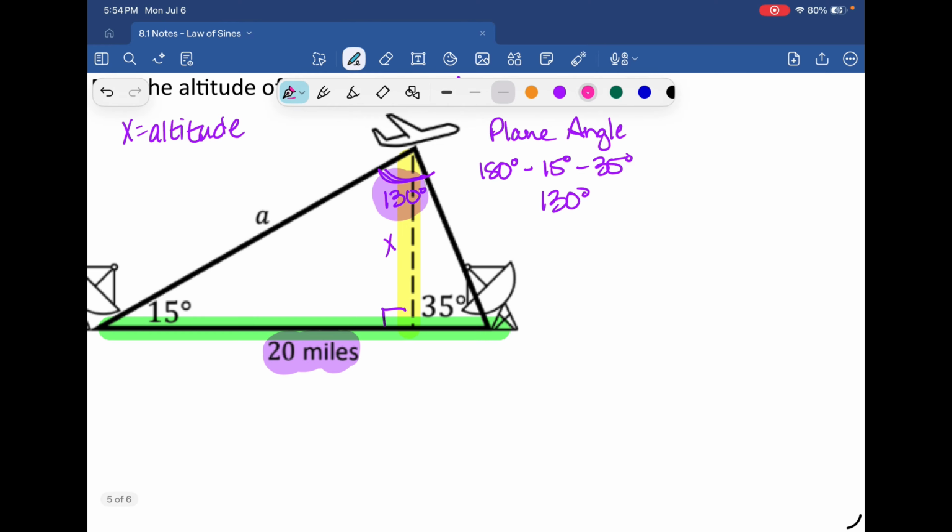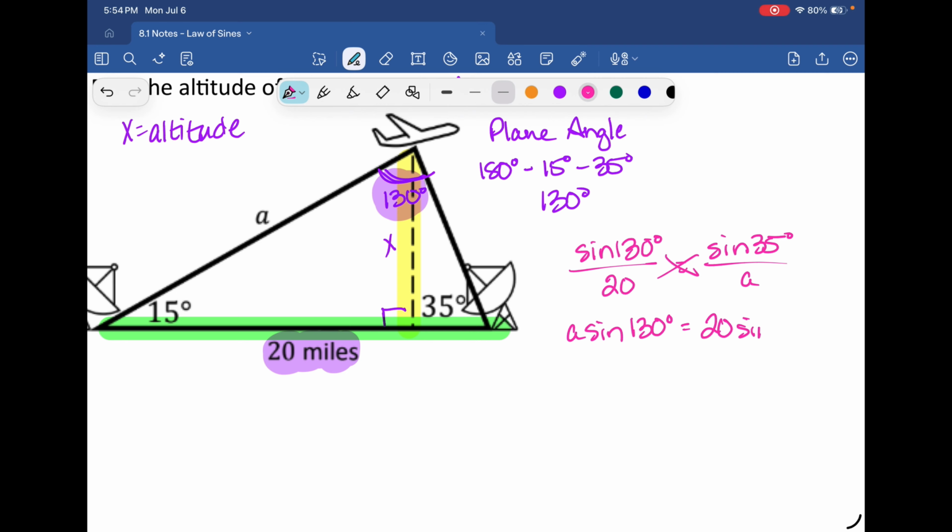Law of sines: sine 130 over 20 equals sine 35 over A. We just cross multiplied, and now I'm dividing.